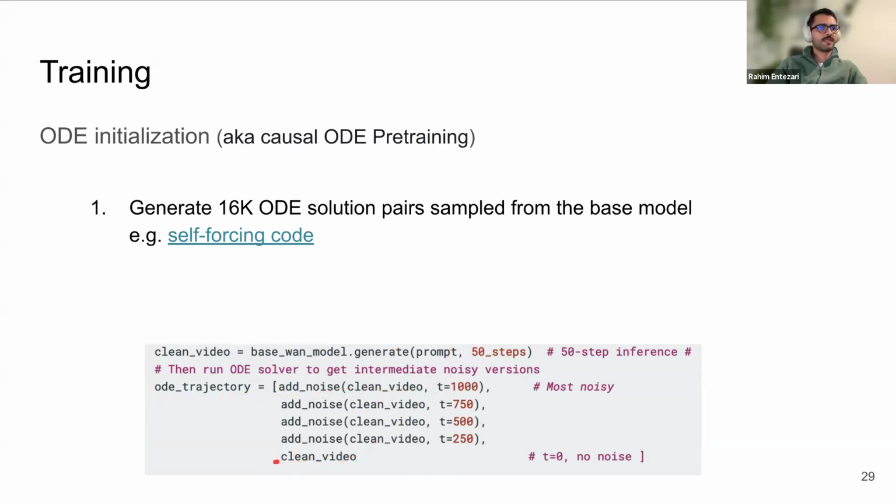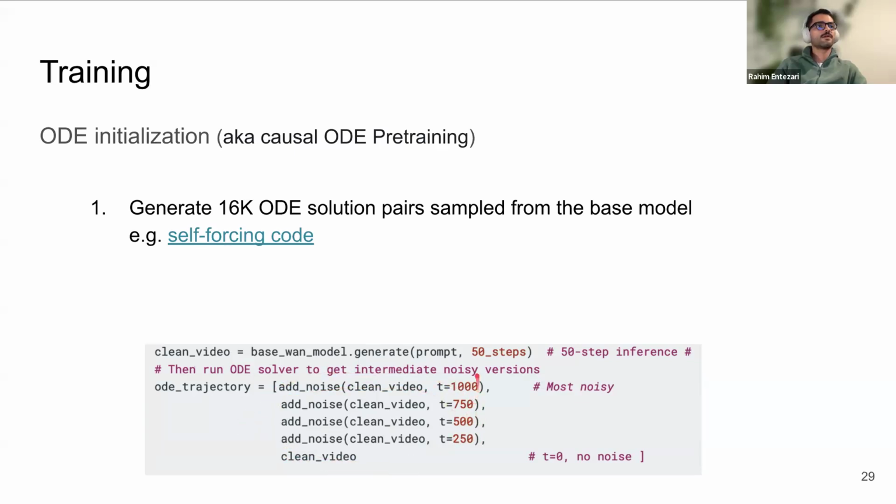So if you have a clean video, you add noise and then denoise. If you add noise without any denoising, then you save this one. If you add noise and then denoise it for 750, denoise it for 500, and then denoise it for 250 steps, you can just save this as a matrix on the hard disk, right?